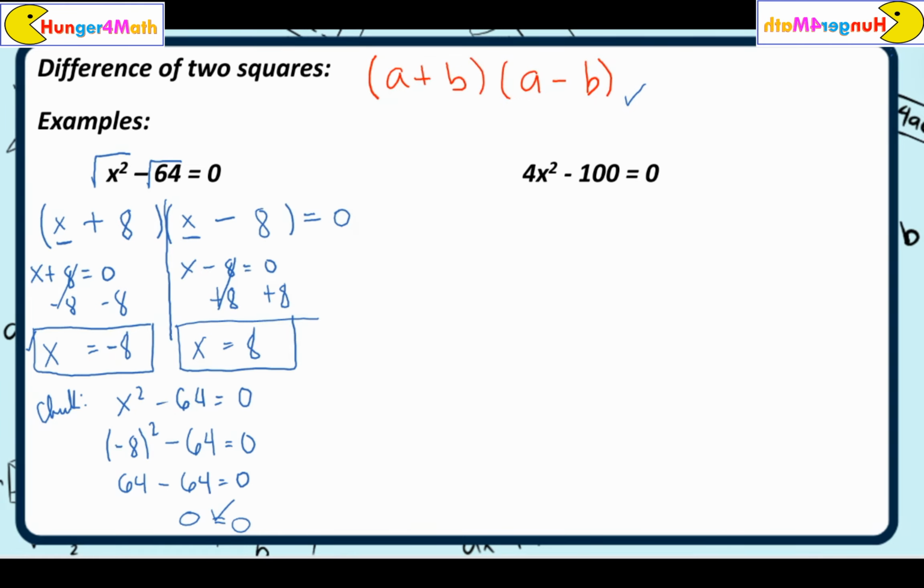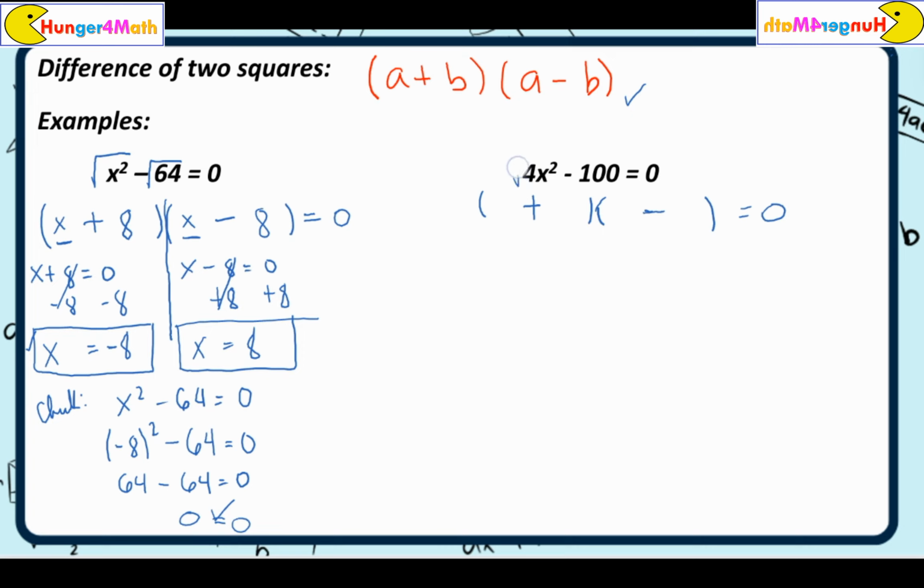Next example is 4x squared minus 100 is equal to 0. So let's factor the 4x squared minus 100. Let's write two parentheses. The first parenthesis will be plus, and the second will be minus, then equal to 0.